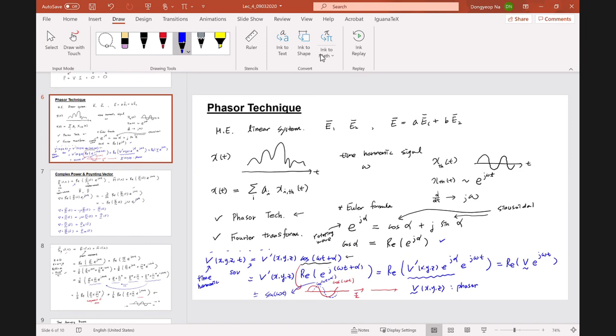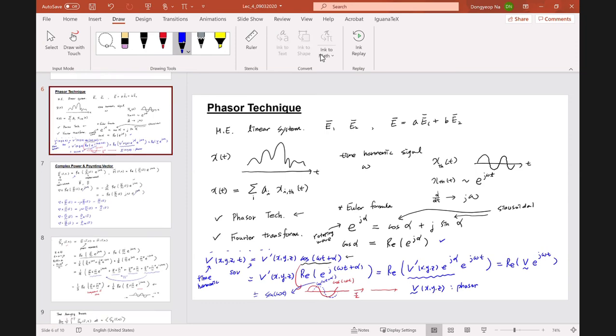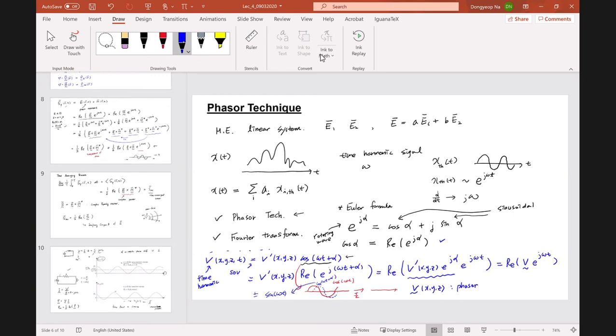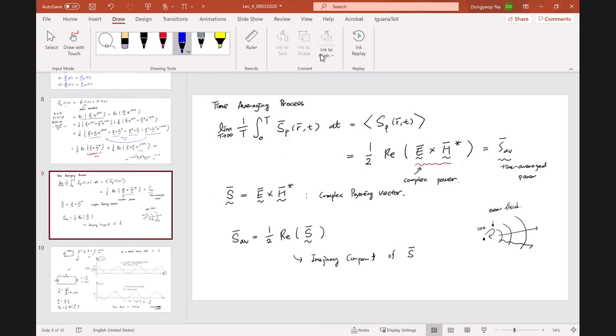Okay, thanks. And another question on the imaginary part of the power of the Poynting vector. What's the physical meaning of the imaginary part of this complex Poynting vector? The physical meaning of the real part of the complex value is the time-averaged power consumed in the medium.